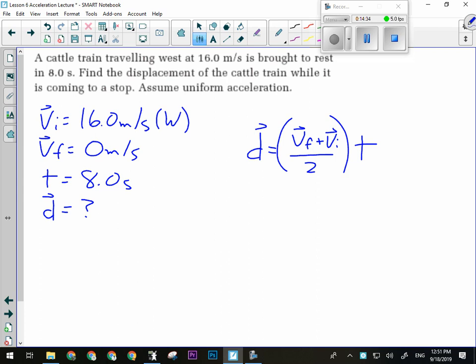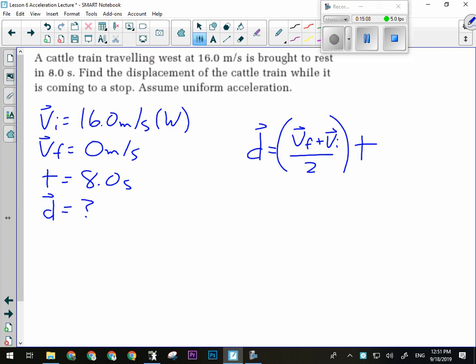How do you know what was the initial and final velocity? Well, because it said it was traveling west this fast and was brought to rest, which means this was how it started. No, it tells me it was traveling at this speed. A cattle train traveling west at this speed is brought to rest. So this happened first, and this happened second, according to the story. It's just reading comprehension.